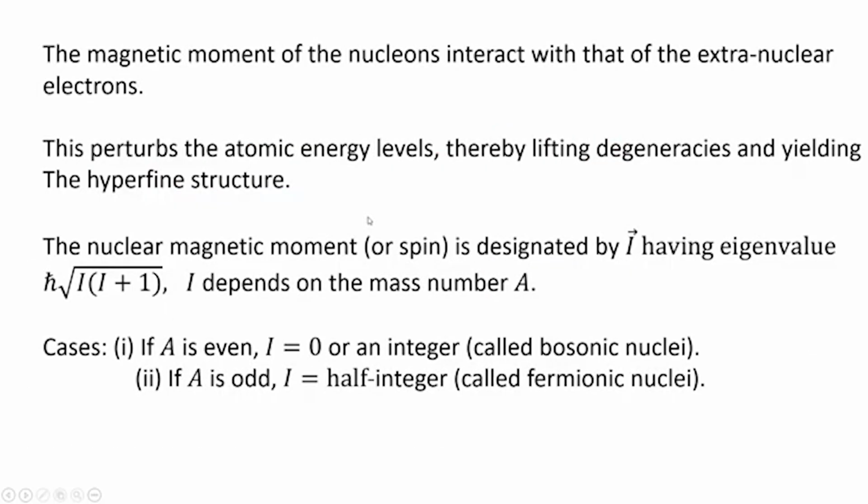that are obtained from the spectroscopy that we have mentioned here, such as microwave spectroscopy, radio frequency spectroscopy and so on. So, the nuclear magnetic moment or the spin, which is often equated with the magnetic moment, but we are talking about the total angular momentum, is denoted by the I vector, and it has eigenvalues which are root over I into I plus 1, into h cross.